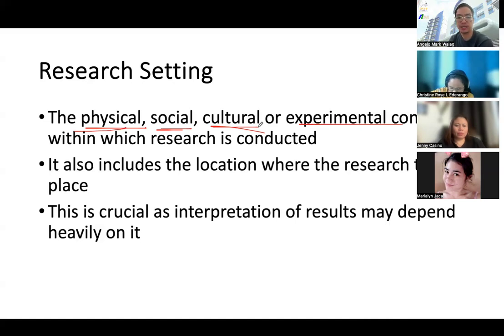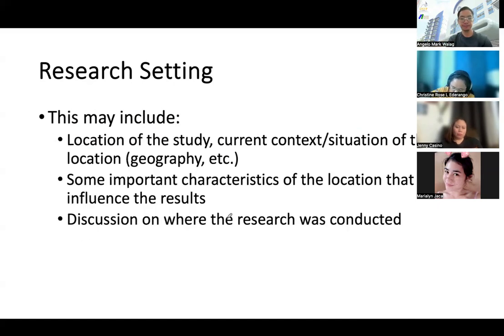Okay? Because as I mentioned earlier, I have foreshadowed that the research setting is crucial in our interpretation of our results. Like the one I shared earlier. So what do you write in your research setting?